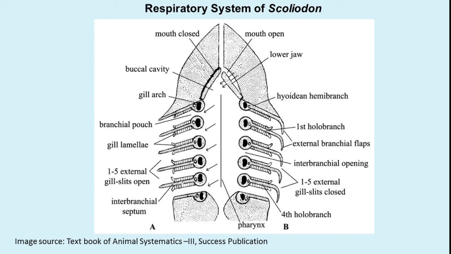Now each of the gill septum is supported by cartilaginous visceral arch. Okay, so on either side of the interbranchial septum or gill septum lies a series of horizontal leaf-like folds called as branchial or gill lamellae.